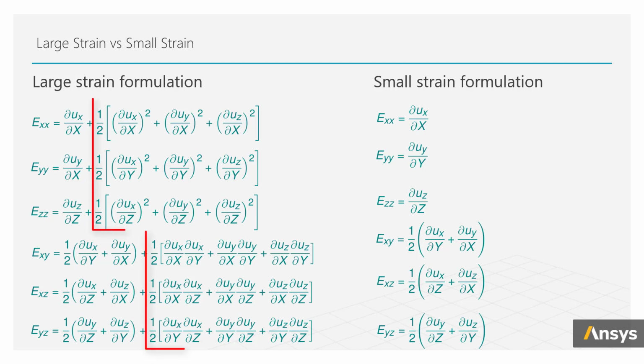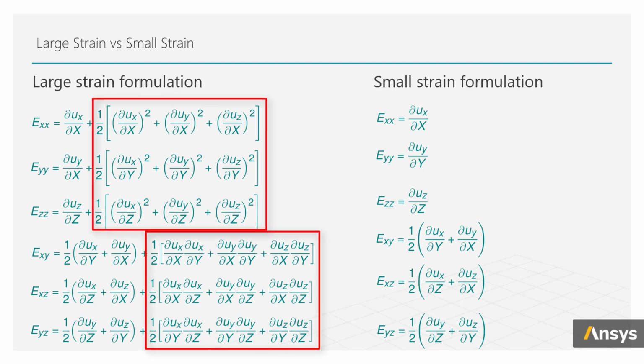We ignore the higher order terms in case of small deformation, which is valid only when the deformations are small. By doing this, the equations will remain linear, and we can use linear solvers to analyze such systems, which are much less expensive compared to their nonlinear counterparts.